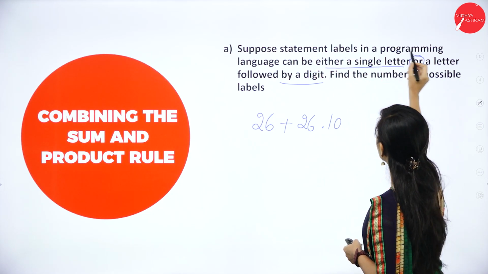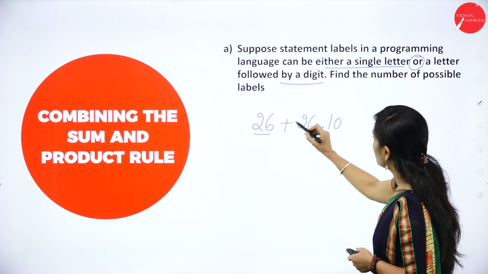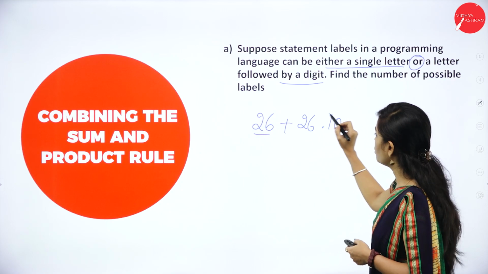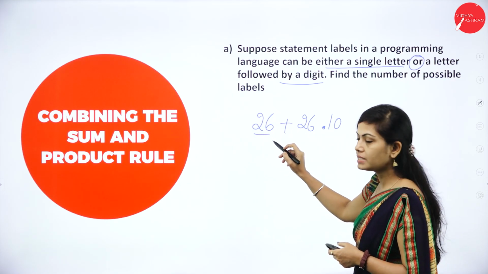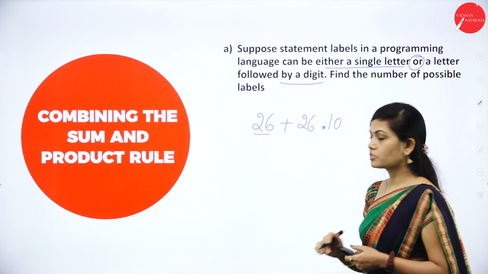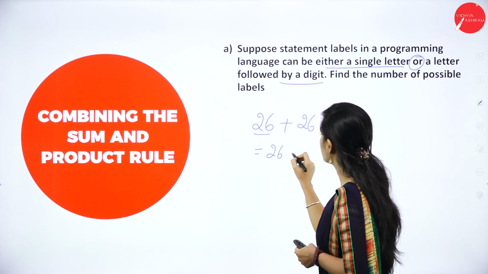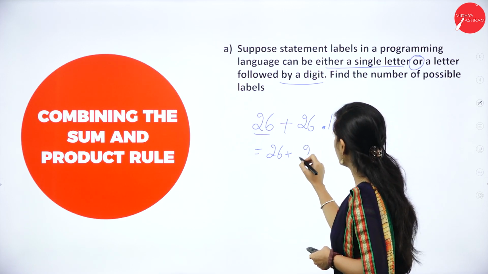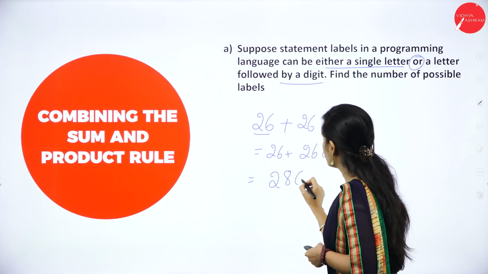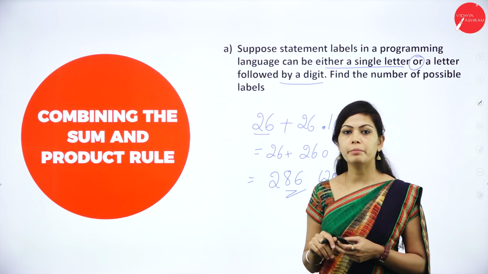So 26 plus 26 dot 10: find the number of possible labels. 26 into 10 is 260, and 260 plus 26 is 286 ways we can choose the labels in the programming language.